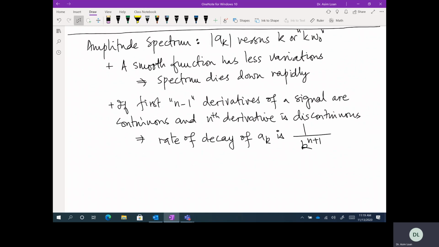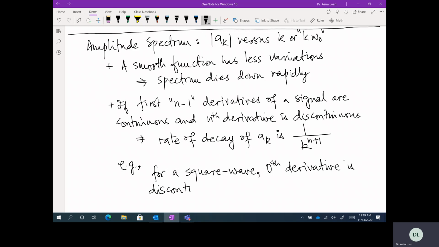So for example, for a square wave, the zeroth derivative is discontinuous, because the original signal is discontinuous.